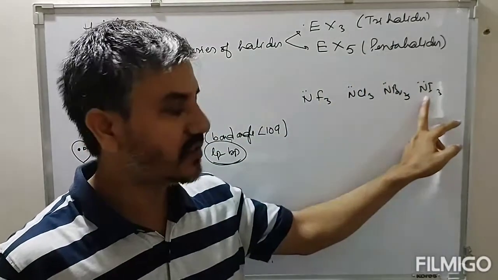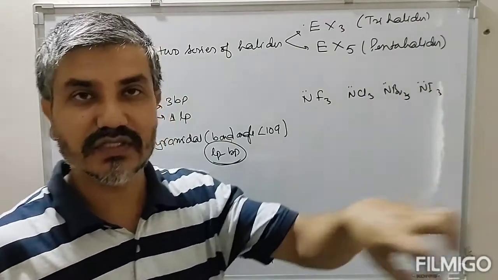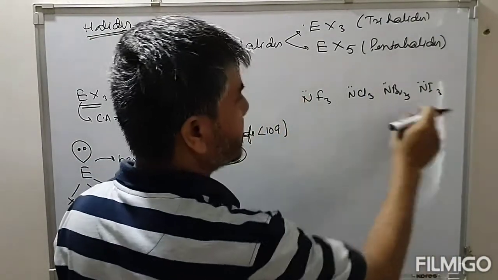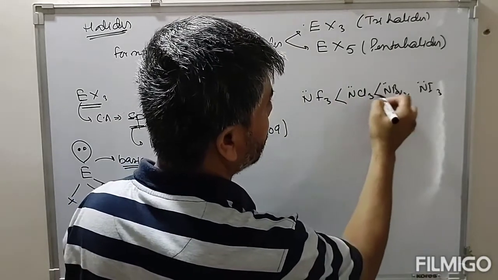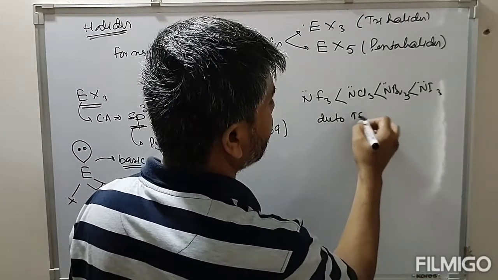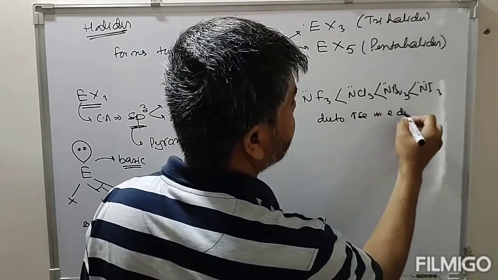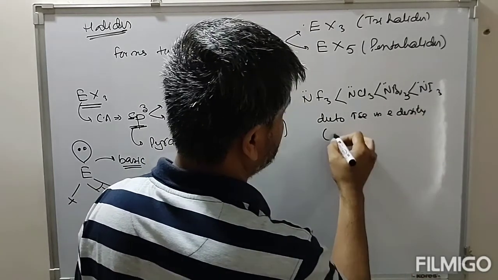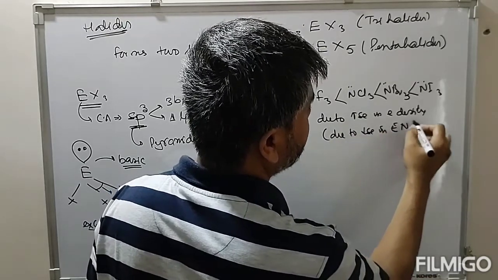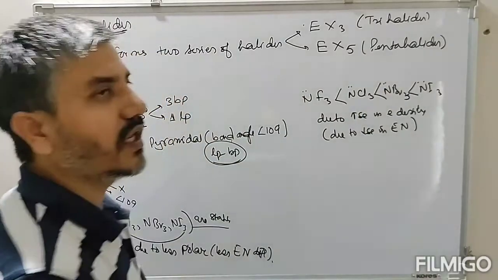Iodine being the least electronegative, electron density on nitrogen is the most. So as the electron density increases, basic character also increases. So this is due to the increase in electron density due to decrease in electronegativity from fluorine to iodine.